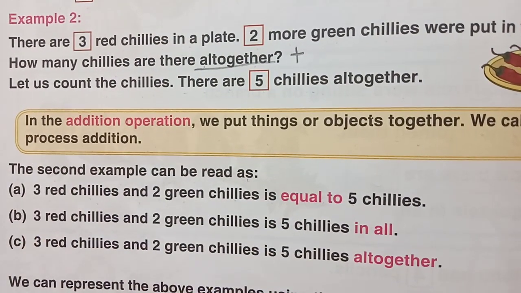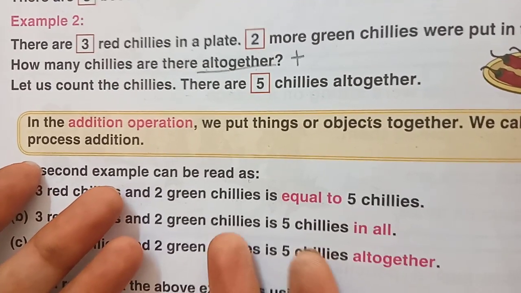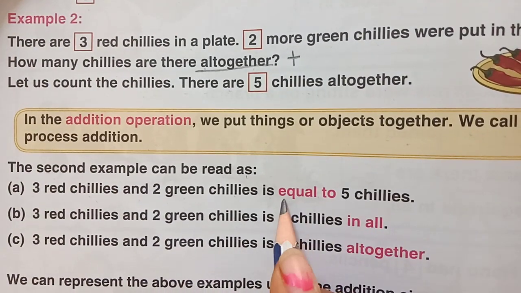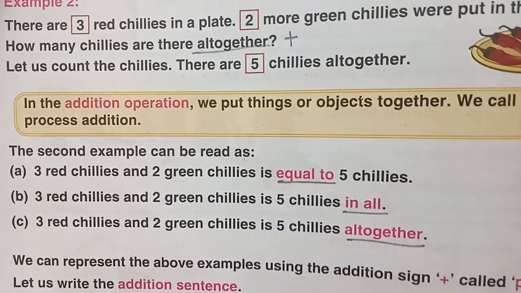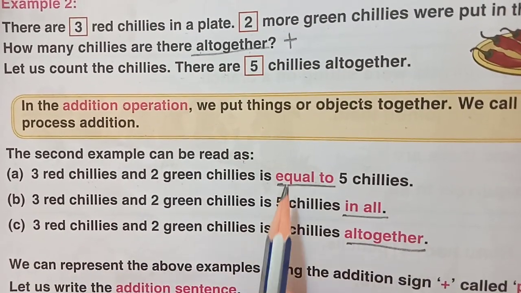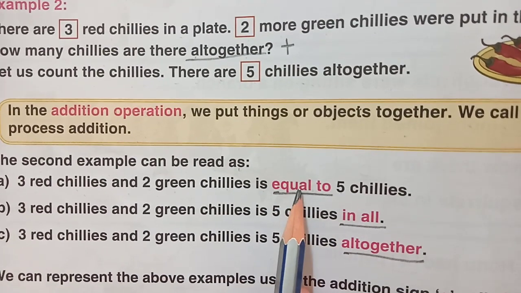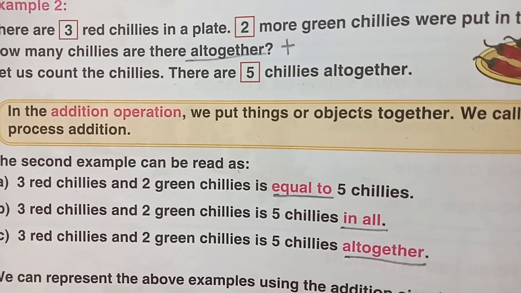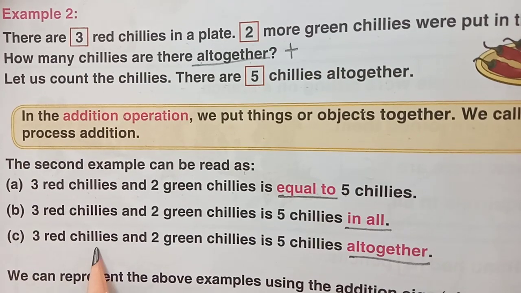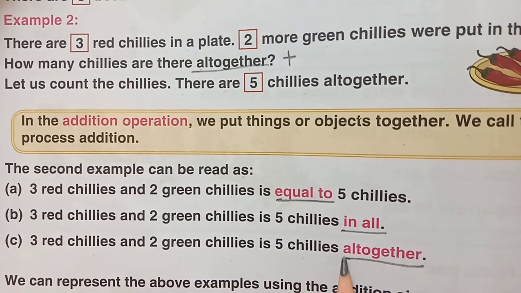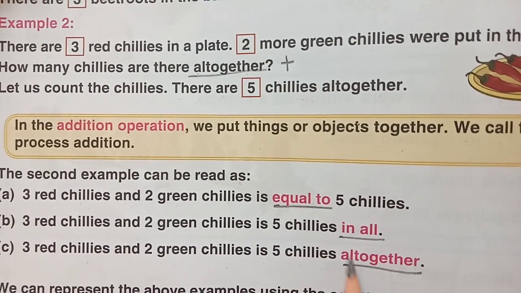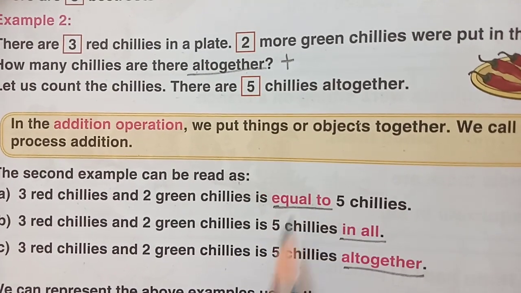Next, 3 red chilies, 2 green chilies in all, here equal to, otherwise all together. I already told you that if the sentence has these words, we have to do the addition.